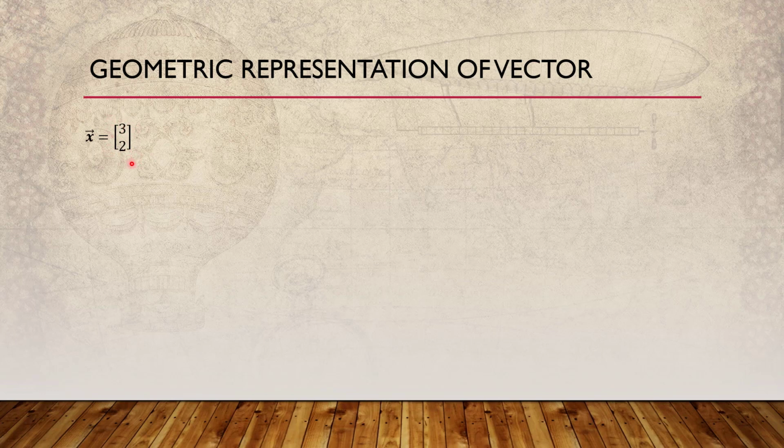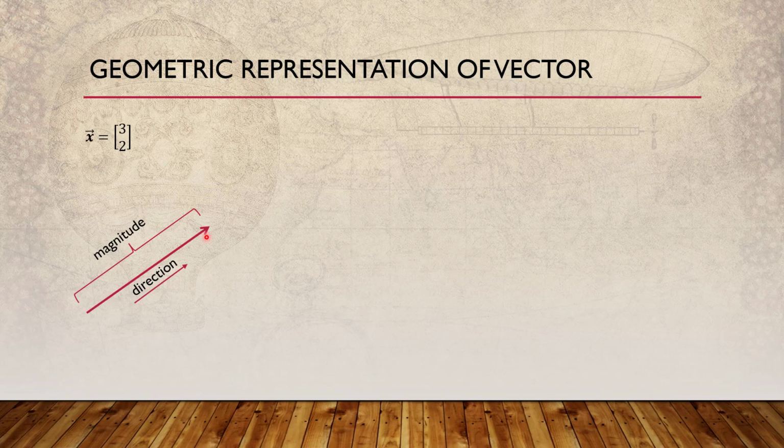Now when we talk about a vector geometrically, we can represent it as a line segment, a directed line segment. That means it has two important properties: one is the magnitude or length, and the other is the direction, which direction it points to.